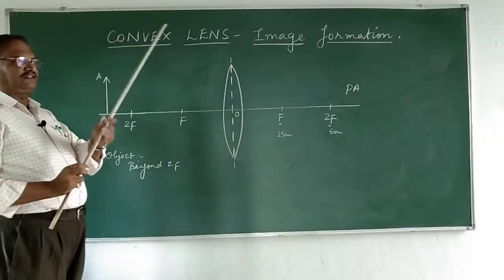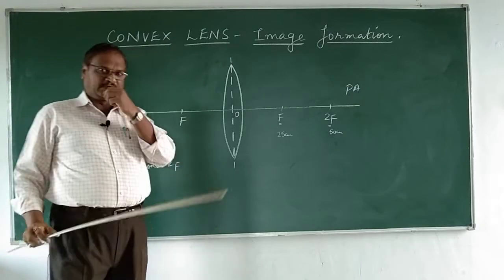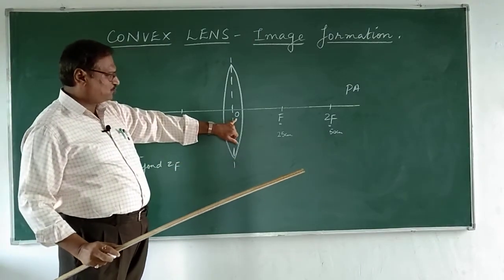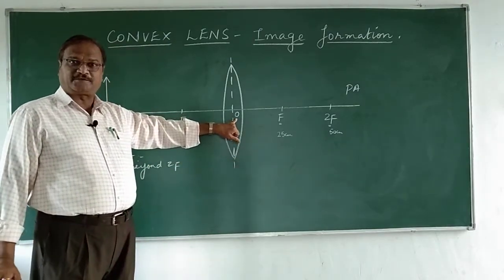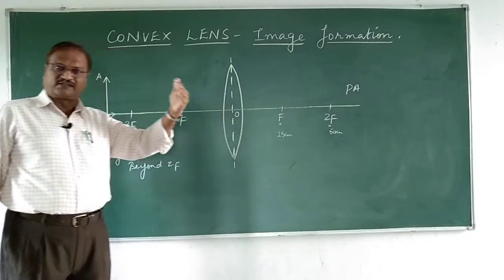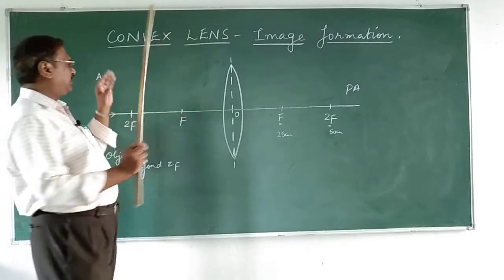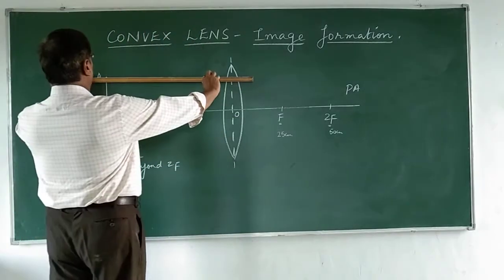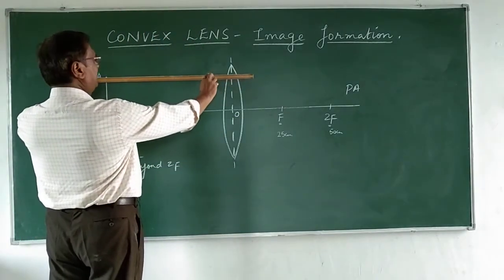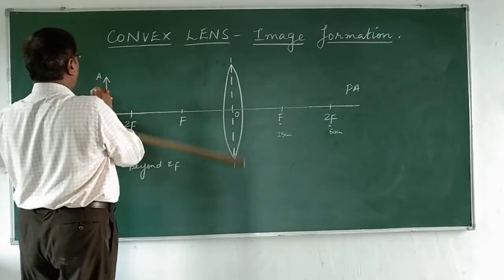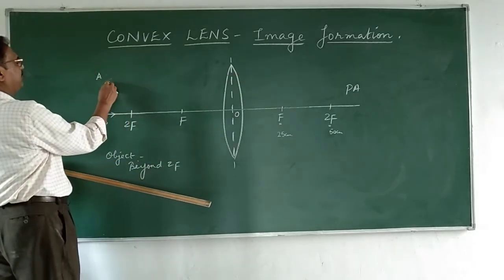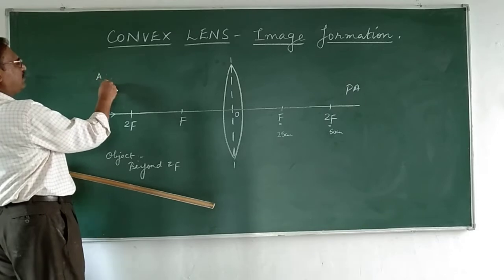Now, how are we going to draw the ray diagram? As we did in the case of a mirror, here everything is based on the optical center. There, in the mirror, it was reflection and it depended on the pole of the mirror. So, let me take a ray from the tip of the object, shortening the object a bit so that it does not go to the edge.